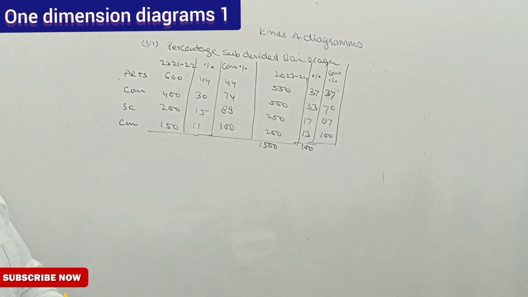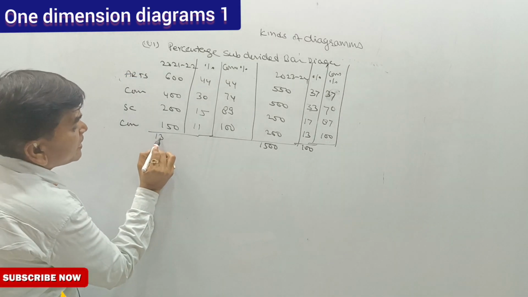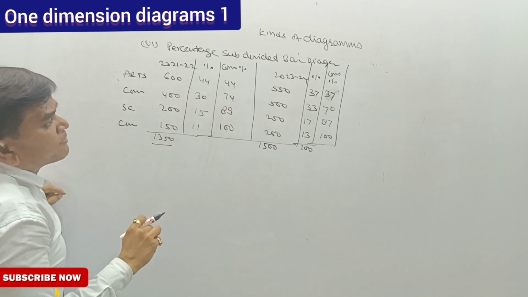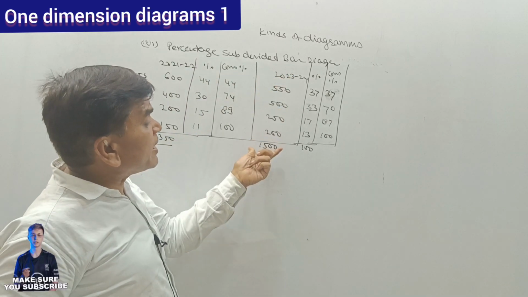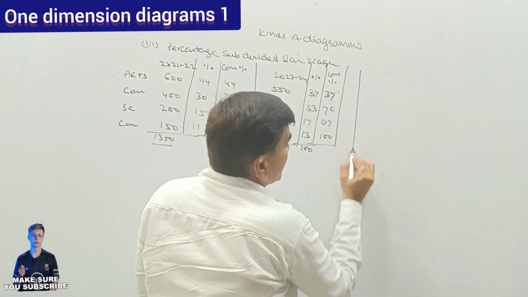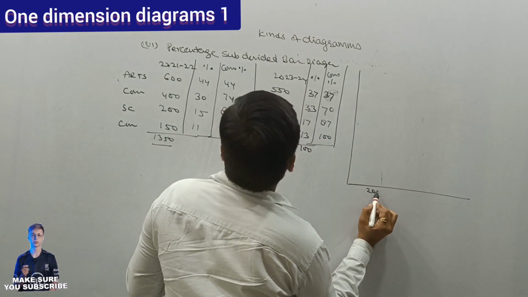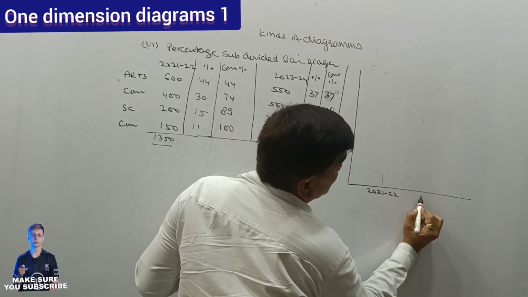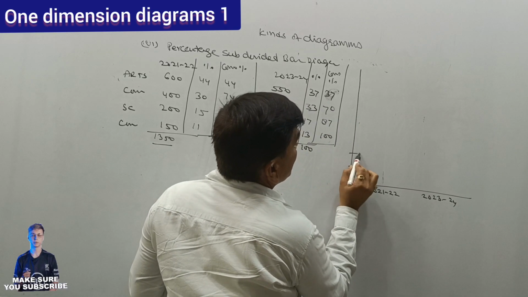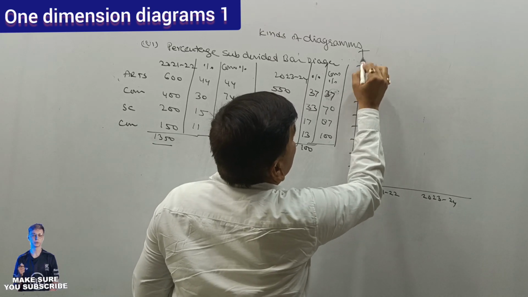So the very first thing, what we will do? First we change into percentage, with the total 1350. So we change into percentage and get the cumulative percentage. Again we get the total, and then we draw the percentage diagram for 2021 to 22 and this is 23 to 24. Percentage 10, 20, 30, 40, 50, 60, 70, 80, 90, 100.